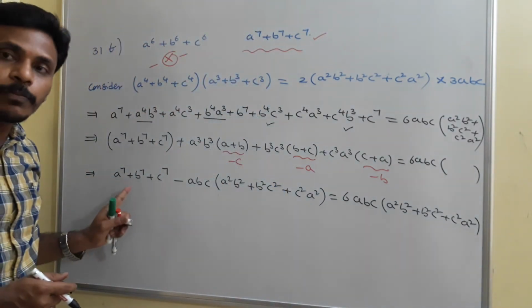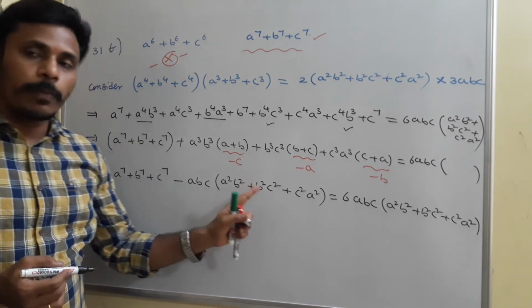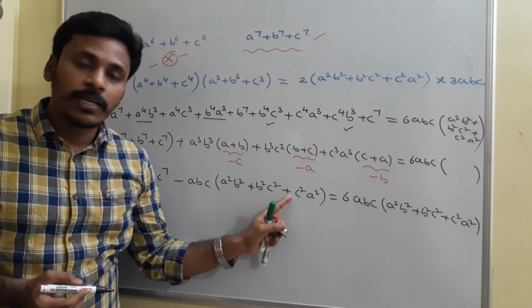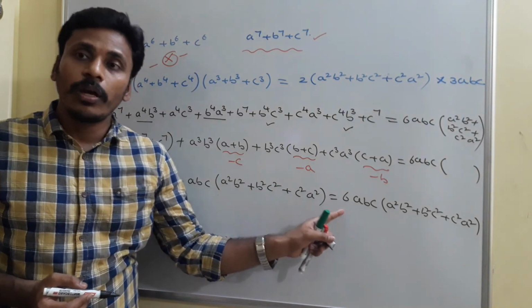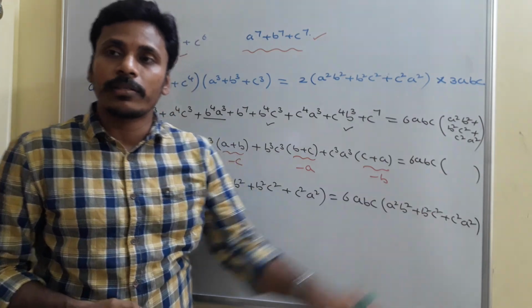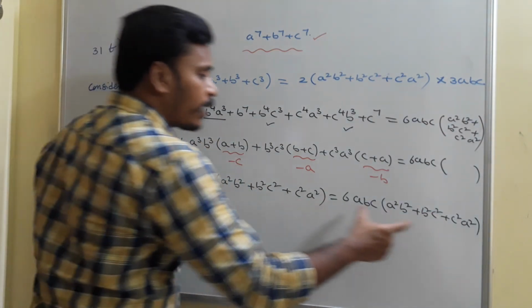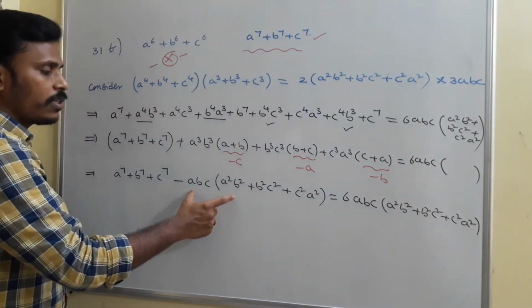So a power 7 plus b power 7 plus c power 7 minus abc times a square b square plus b square c square plus c square a square is equal to 6abc times a square b square plus b square c square plus c square a square. It's very easy to identify that this is 6 times of something and this is minus something.